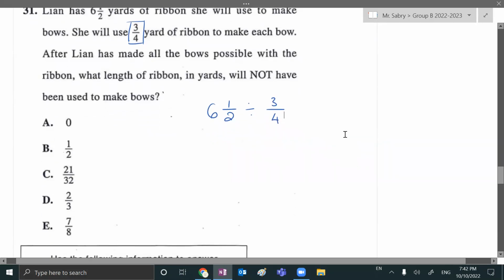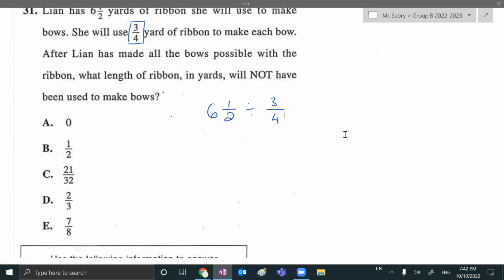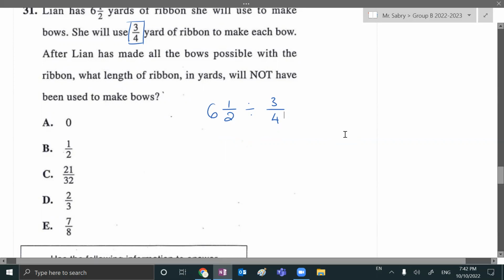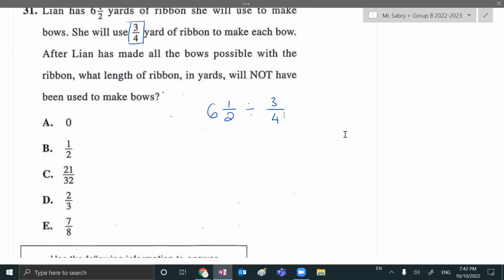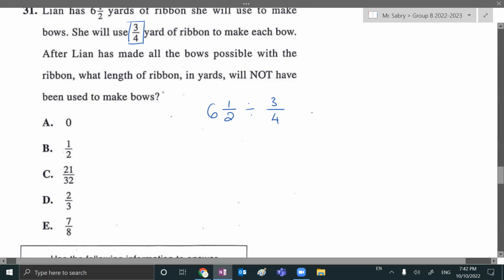Just give me a second to calculate. I need one of them that can't be divisible by 3. Will not have been used to make bows.